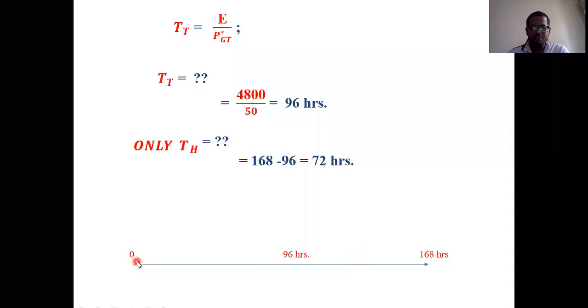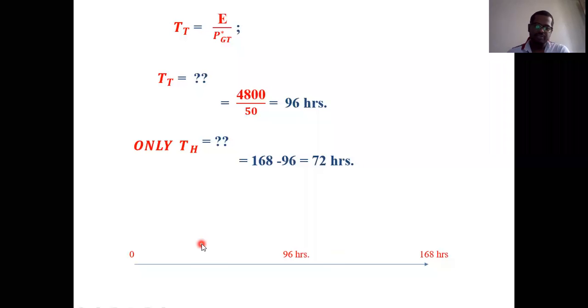In the first slot, from 0 to 96 hours, both the power plants are producing power, the hydro power plant as well as the thermal power plant. But in the second slot, from 96 hours to 168 hours, only the hydropower plant is producing power. In this slot, the thermal power plant is not producing power.